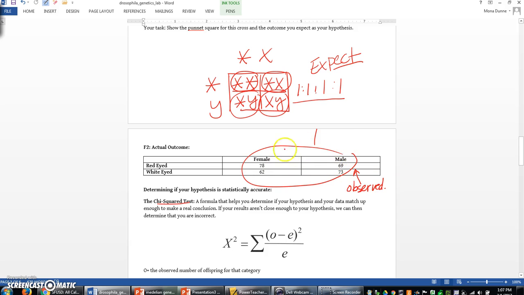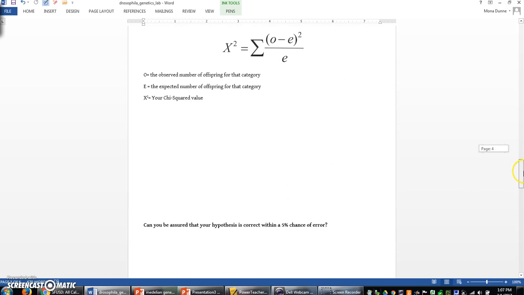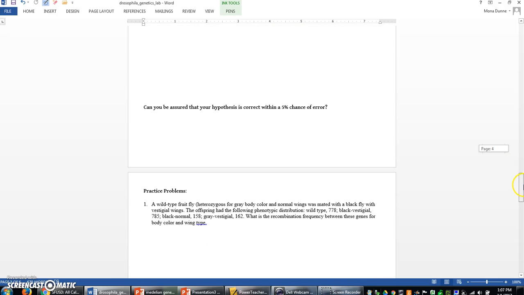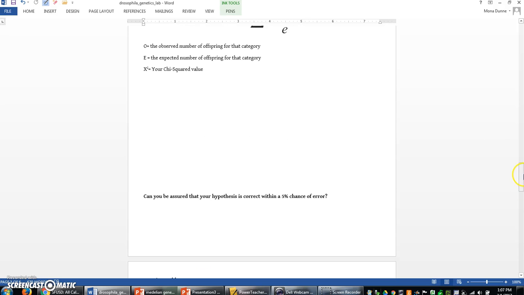So count up the total number of individuals, divide by 4. That's going to be our expected number, okay? And then we're going to plug into the chi-squared equation, and you guys are going to figure out all that stuff. So calculate the chi-squared number and try to fill this all in, okay?